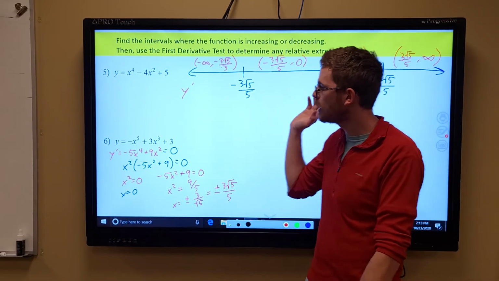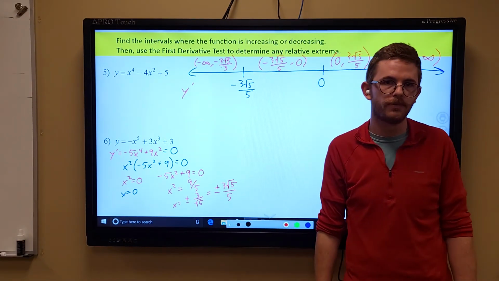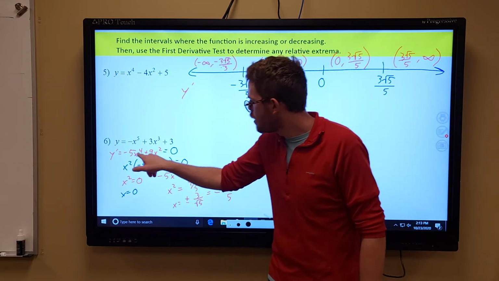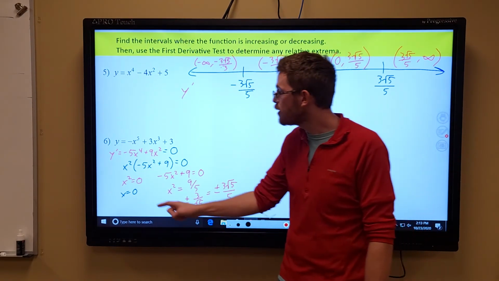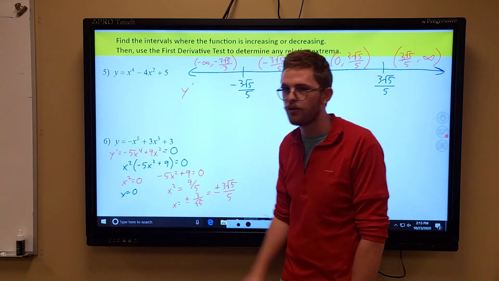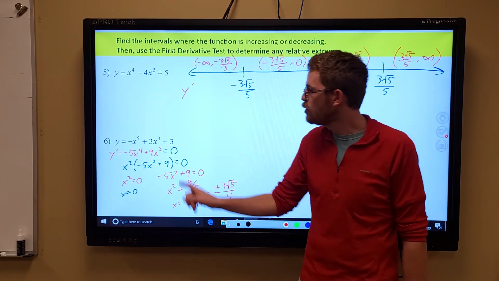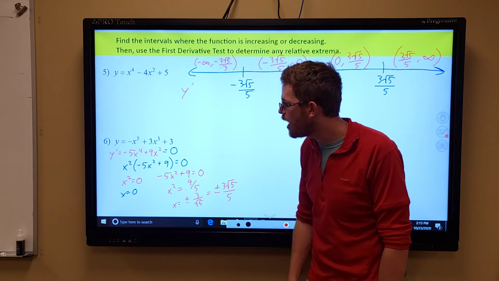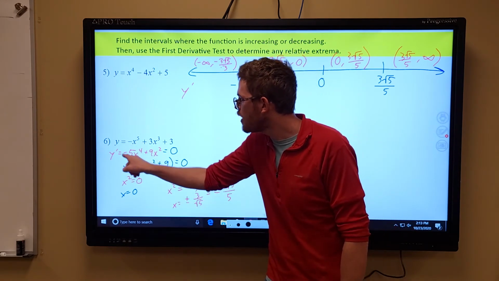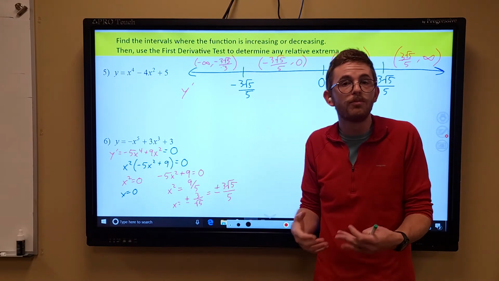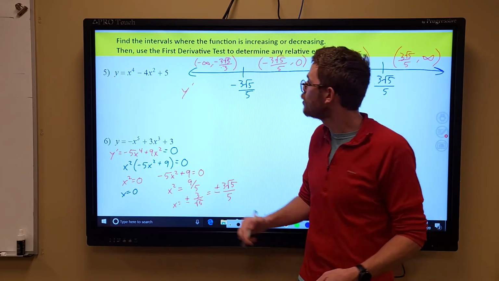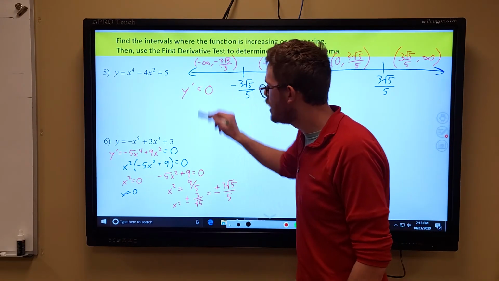So you can think about like negative 100. Well, negative 100 to the fourth power is something way larger than negative 100 squared. So when you multiply it then by negative 5, we've got this really large negative number, and then we're adding a smaller positive value. So ultimately, these are going to be negative.